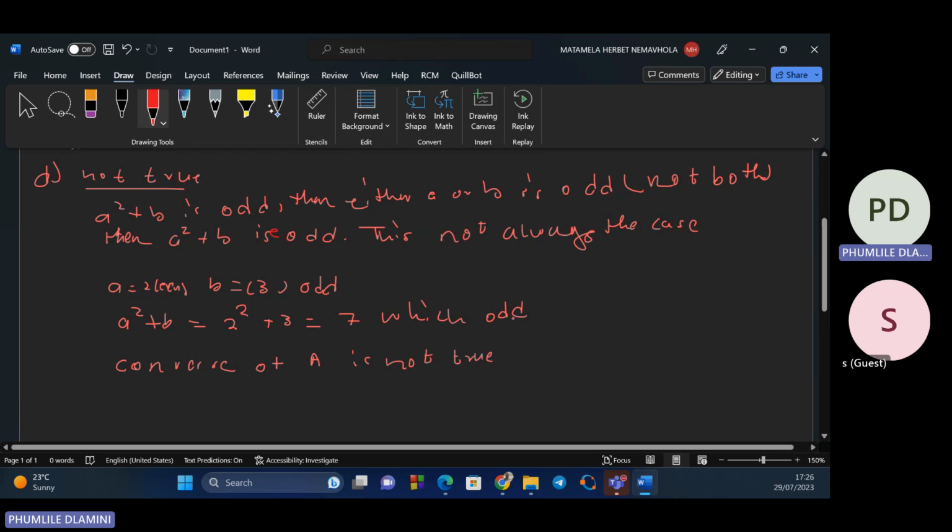So if we check this one, it says if either A or B is odd, then A plus B squared is odd.